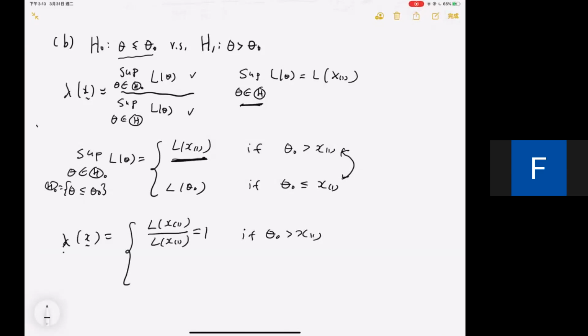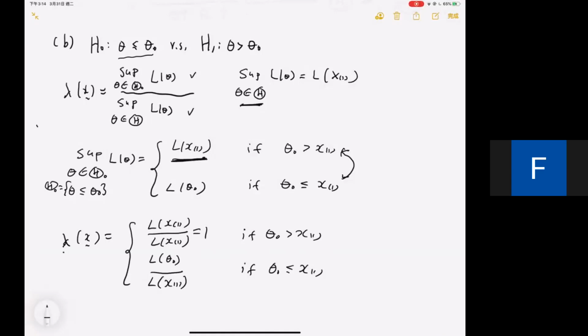It's 1. Then if theta naught is smaller than x1, then the ratio is what? It's theta naught in the numerator, divided by x1 right here. Then that's my LRT statistic only.